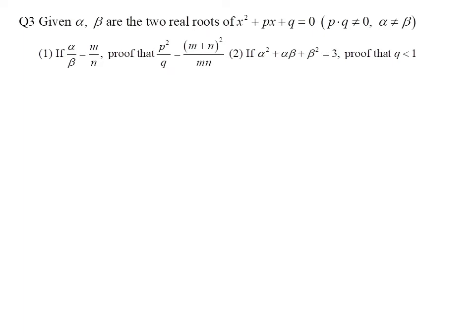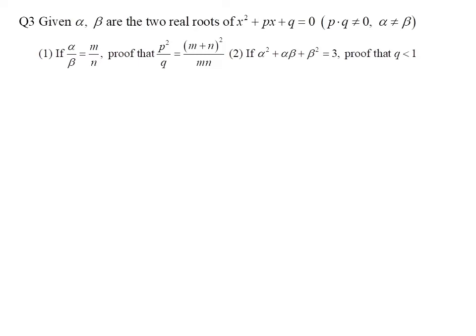Question 3 tells us alpha and beta are two distinct real roots of the quadratic equation x squared plus px plus q equals 0, where either p or q is not 0. There are two questions that follow.